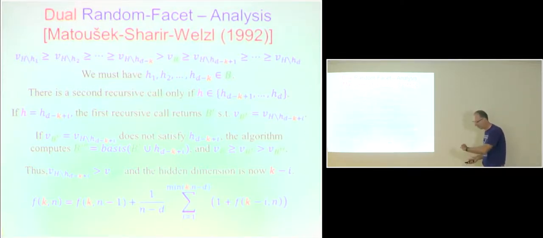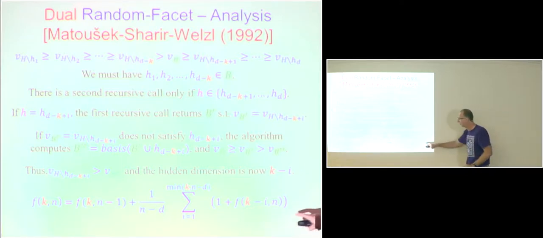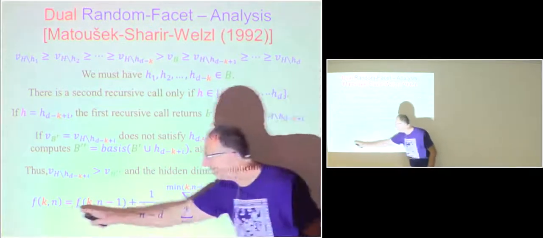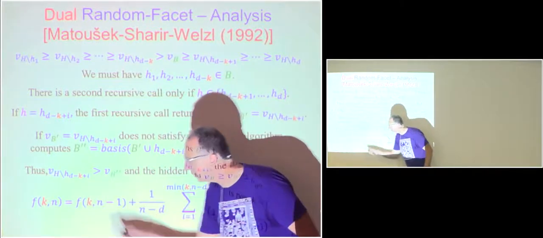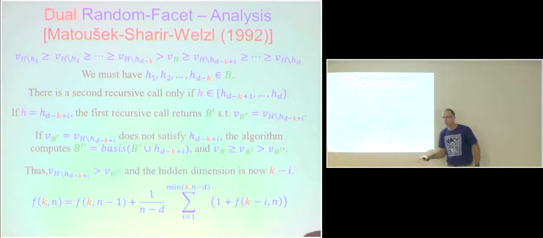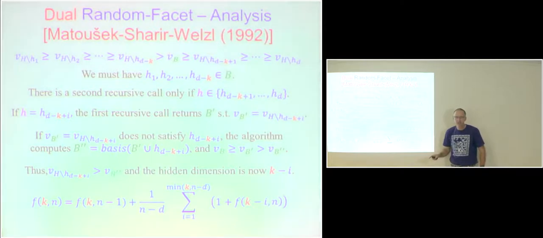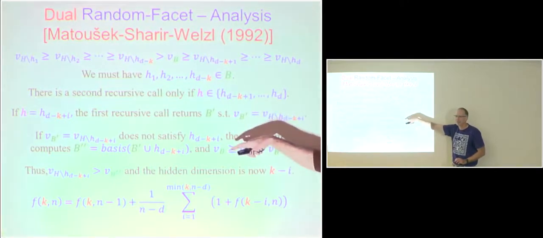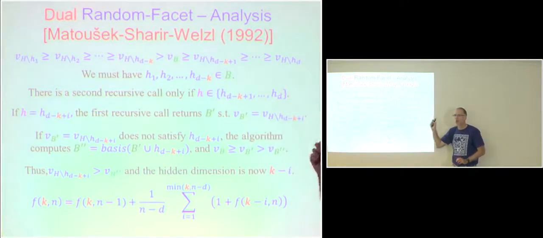if we write it explicitly, we get the following recurrence relation. The nice thing here is that the running time is expressed in terms of this parameter k, which is the hidden dimension, which the algorithm doesn't know. Note that all this analysis is oblivious to the algorithm. The algorithm doesn't know what the current hidden dimension is, but it doesn't matter.